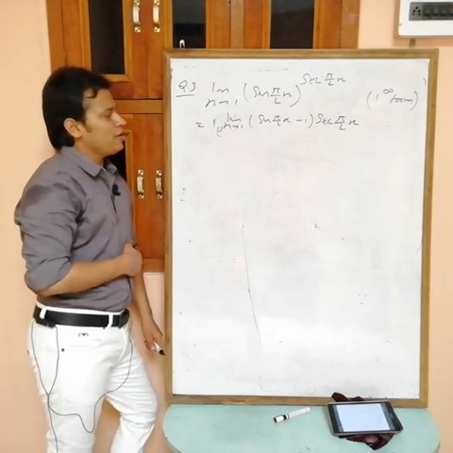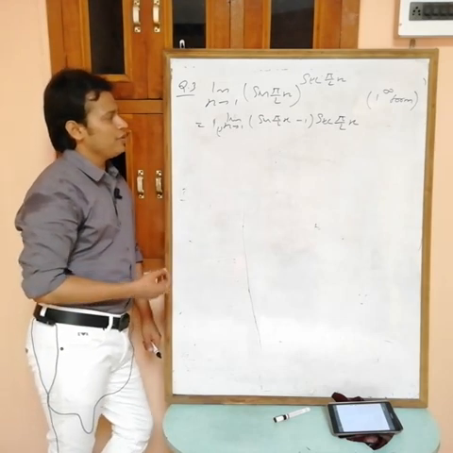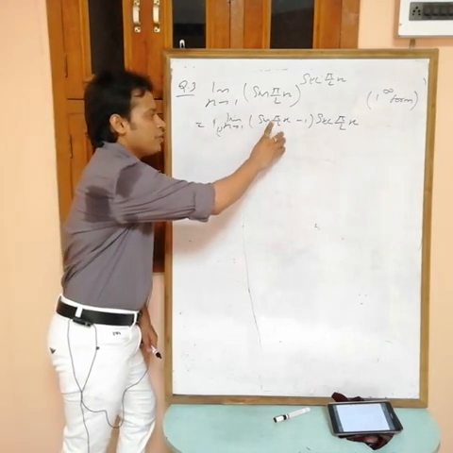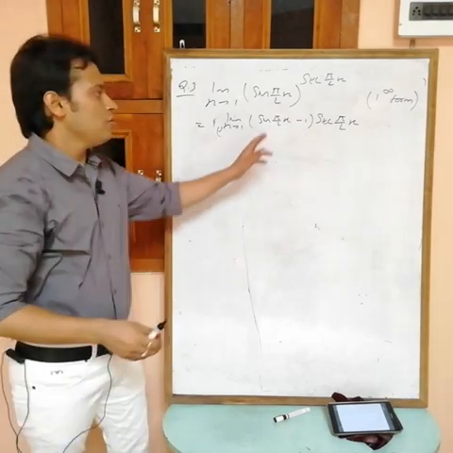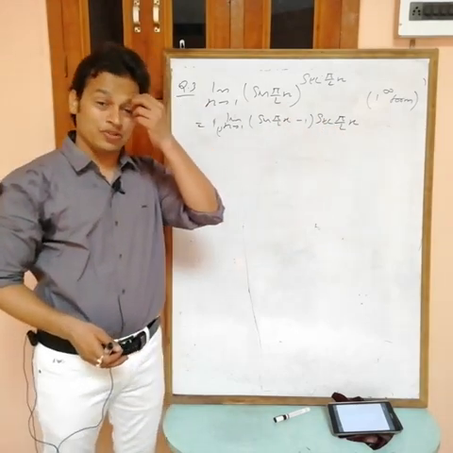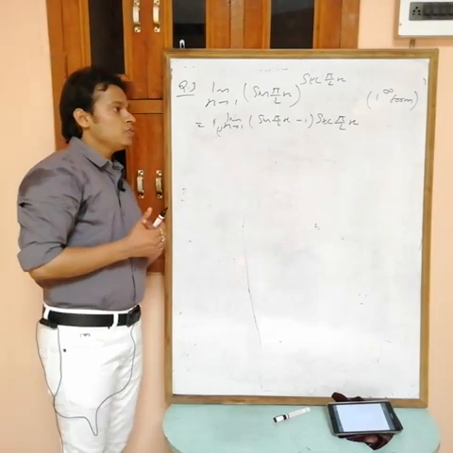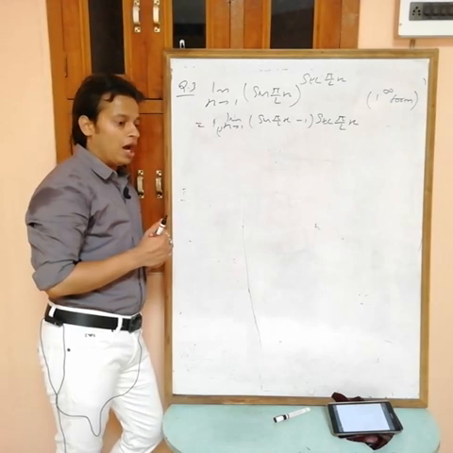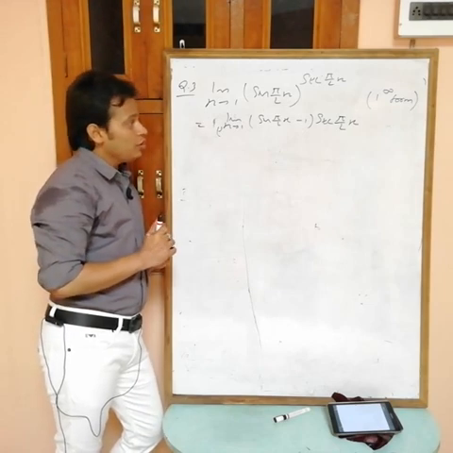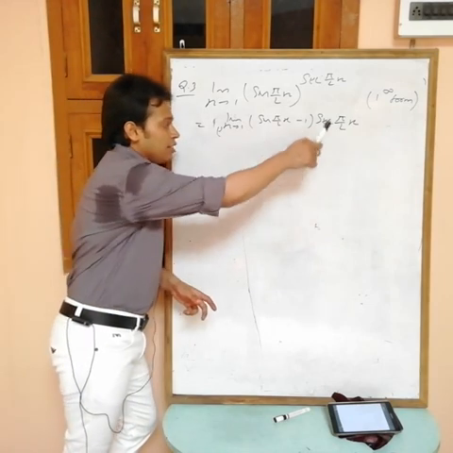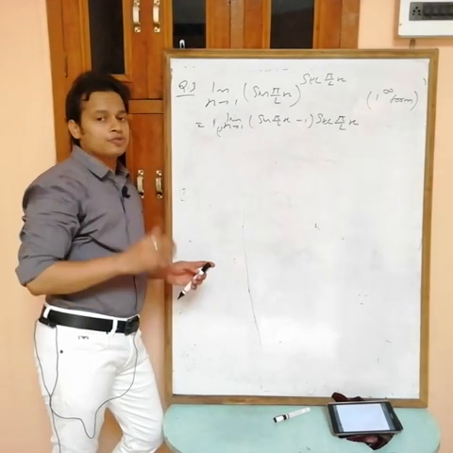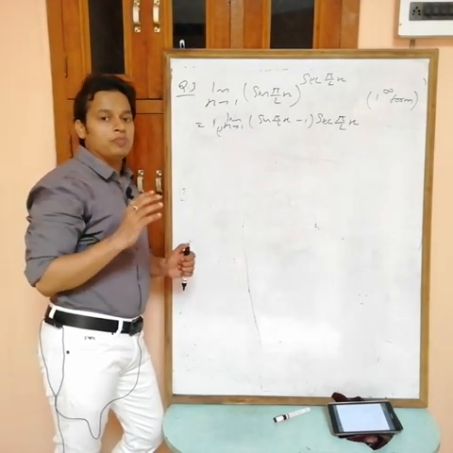Now see, if I am putting x equals to 1, then what we are getting? This is sin pi by 2 minus 1, that is 0, and 0 into infinity form. So after this one, we have two methods. Either you can write this one in denominator, you will get 0 by 0 form, then you can use L'Hopital.